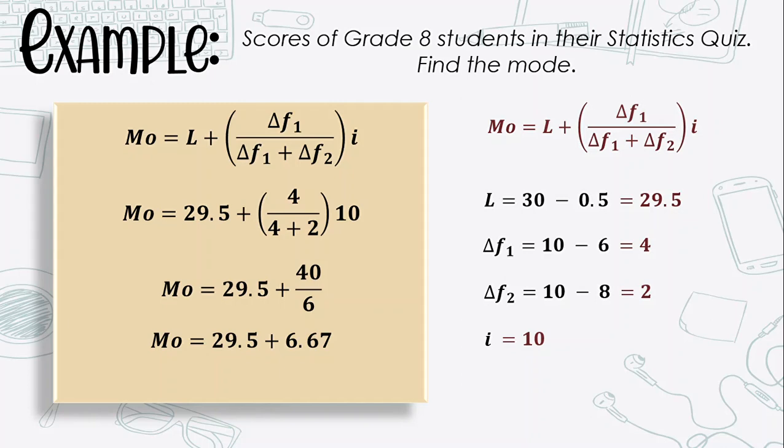So our mode is equal to 29.5 plus 6.67, and that is equal to 36.17. So the mode of our given set of group data is 36.17. And that is how you compute the mode of group data.